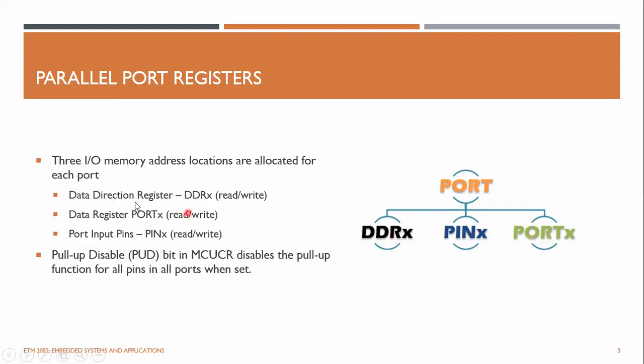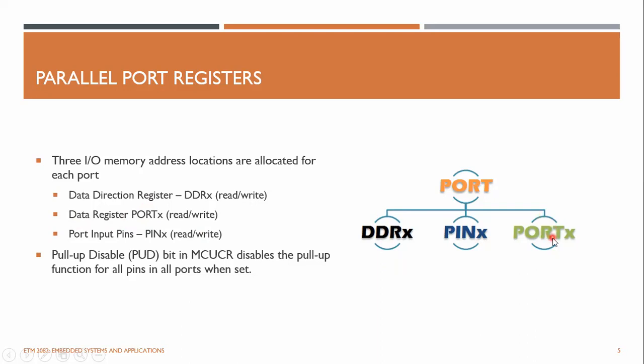So DDRX refers to the data direction register. That is a read-write register, which means you can either write a value to it or you can read the value already written to this register, right? And the data register PORTX, this is the one. So it is also read-write.